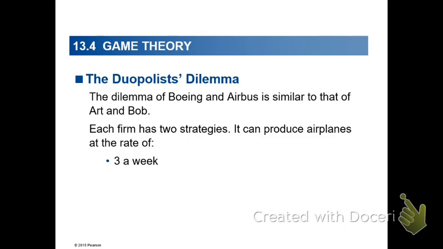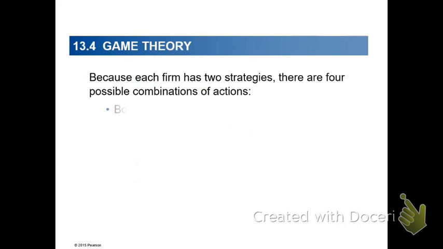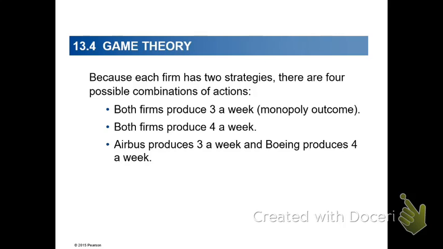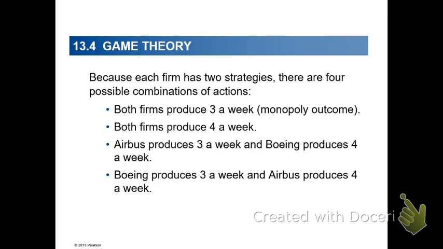First of all, you can think about each firm having two strategies, either produce 3 or 4 units. 3 units is under collusion, 4 units is when they cheat. So therefore we will have 4 different outcomes. Both of the firms can produce 3 every week, one of them could produce 4 and the other one 3, or both of them produce 4 units, right? So there are actually 4 outcomes in this case.